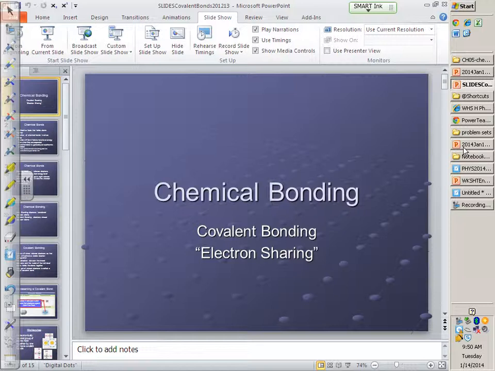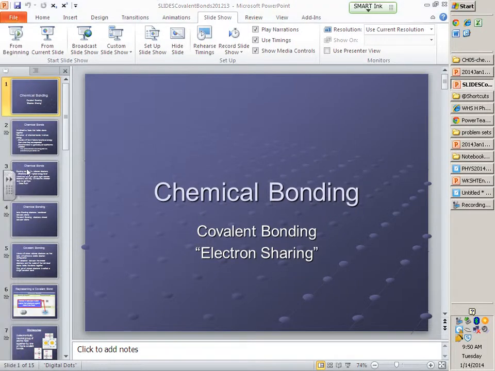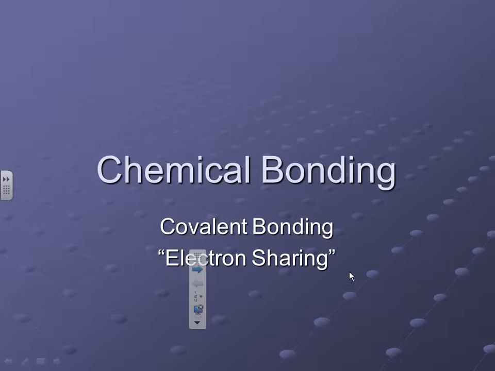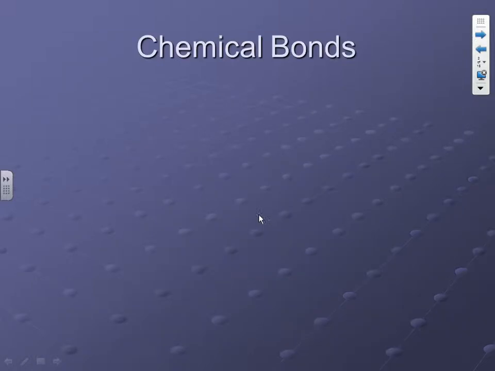Okay. Covalent bonding, we'll see, especially at the beginning, is almost exactly the same. For example, the first part of your outline today should look very similar to the previous outline because it's exactly the same. First, why do atoms form bonds?